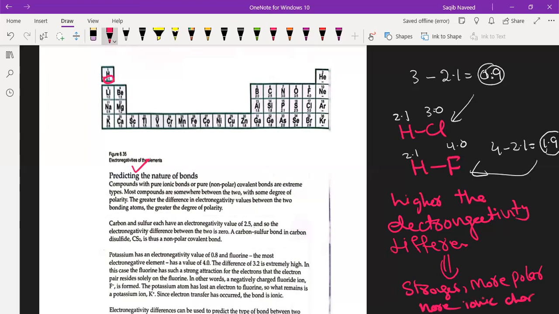It means ionic character is more in the HF bond than in the HCl bond. You got the 3 points?